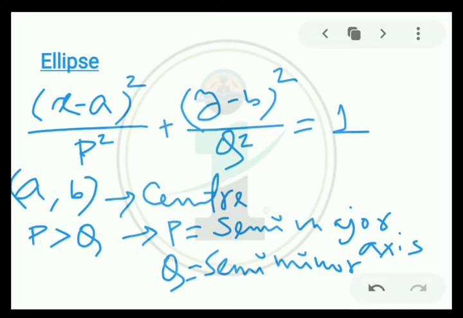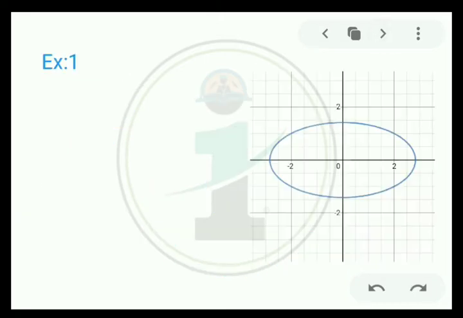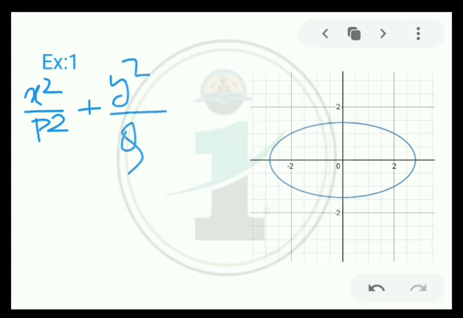So let us see an example. So here you can see that an ellipse is drawn keeping the center at origin. So here we have an equation like this: x square by p square plus y square by q square equals 1.